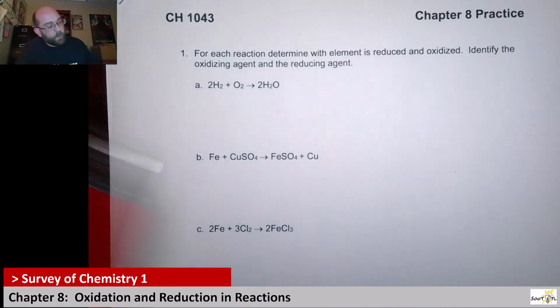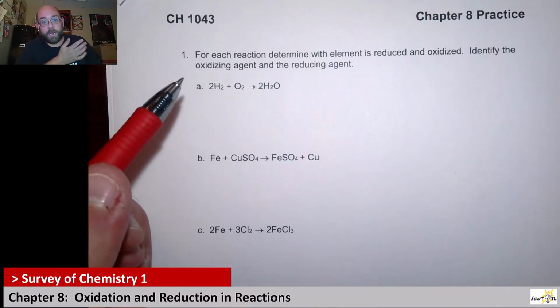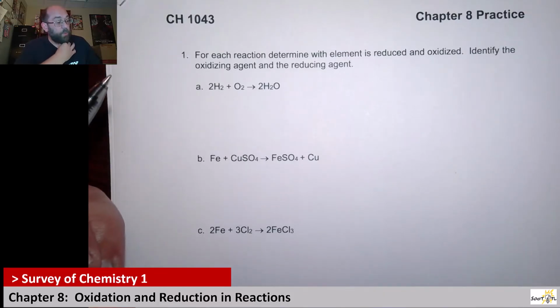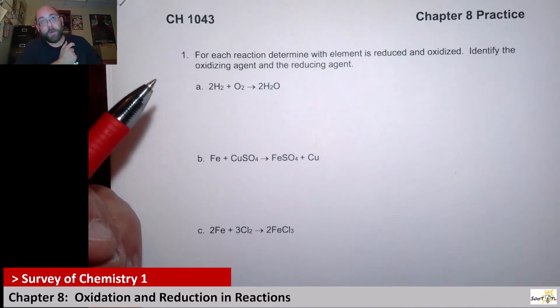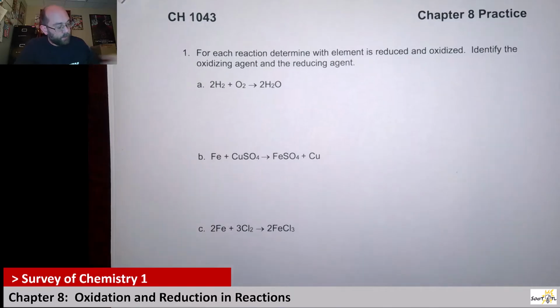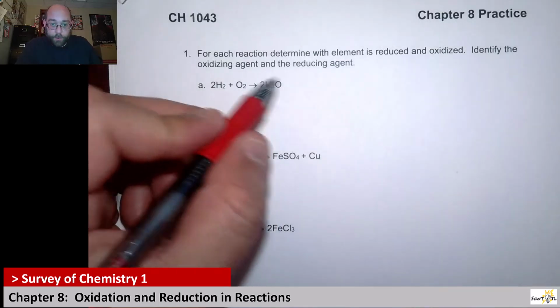So firstly, let's look at what we have here. I want to try and go through all of the rules, and this first one is pretty much the only one that's going to easily allow me to do that. So let's look at what we got here first. Alright, so we've got H2 plus O2 producing water.